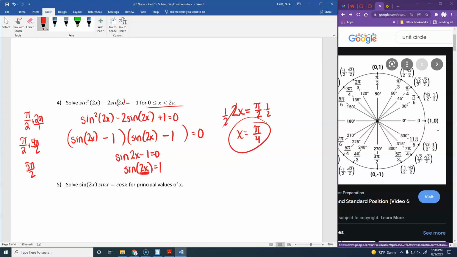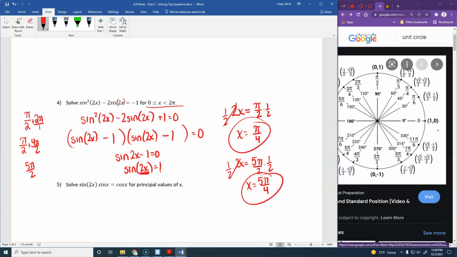Right? They're coterminal angles. However, if I do 2x equals 5 pi over 2, and I multiply both sides by 1/2, x is going to equal 5 pi over 4. Is 5 pi over 4 on the unit circle? Yes, so it is an answer. I could do this again.